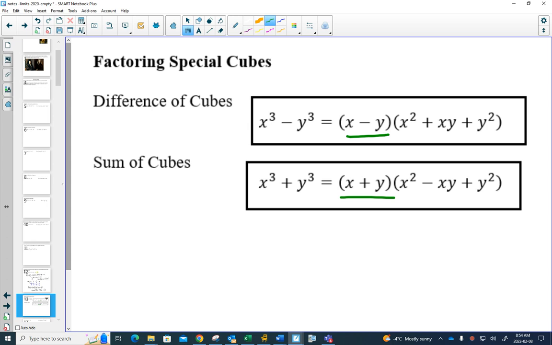And then when I'm trying to write out the second factor, you can use the same idea of, well, if the first one's x here and x cubed here, this has to be x squared. That should make sense. And if this is a minus y cubed and I have a minus y, this would need to be plus y squared. Then, things need to always cancel out.